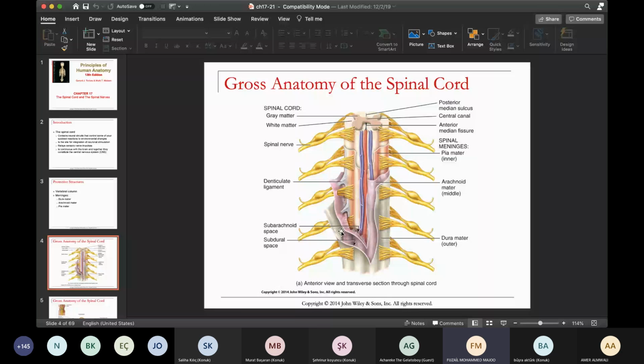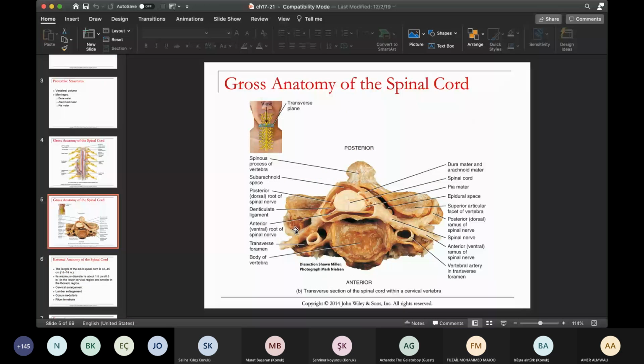Now, as you move along, you can see in this photograph here, what do we have? You have the spinal cord over here, and this part over here, that's your dura. This is the dura mater. So this topmost part, that's the dura mater, and then you have the arachnoid after there.